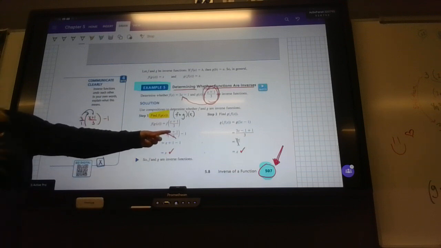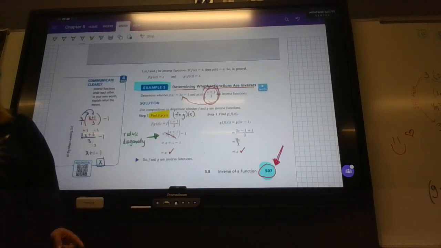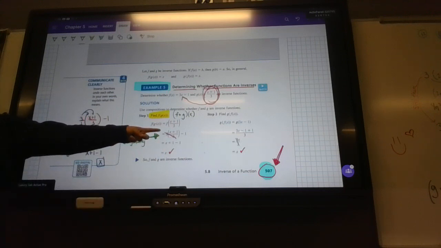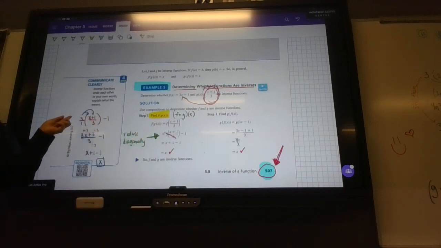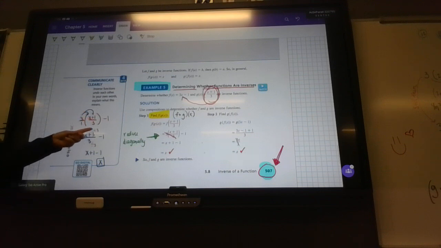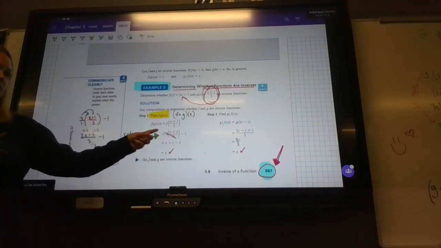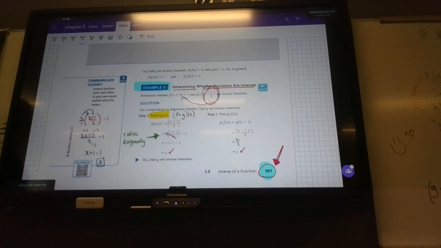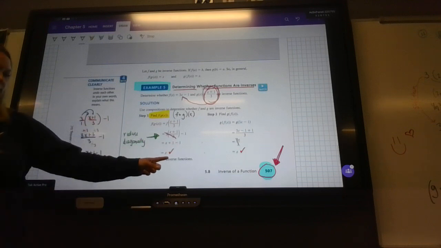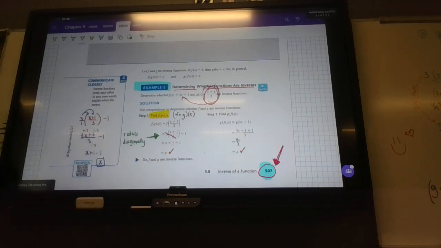When you question how the book moved from this to this, that 3 can be reduced diagonally. If you haven't practiced that way before, if you prefer to distribute the 3 into the top, you can. And then all of the 3's reduce and it's gone. But just so you know, this is a good method to reduce diagonally. After that's reduced, the plus 1 minus 1 cancel out and x is left.